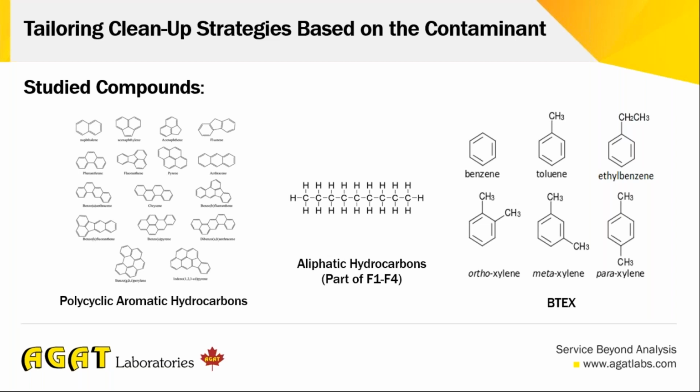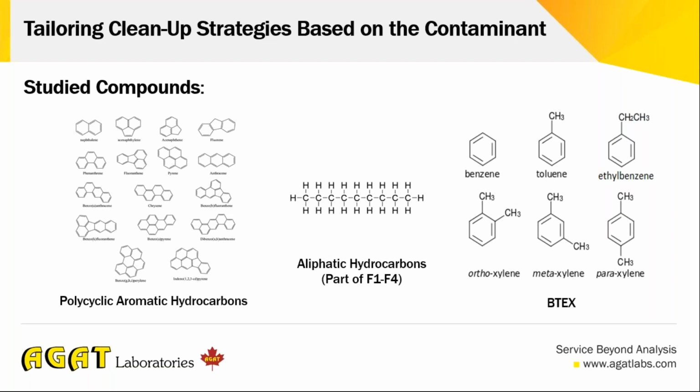In the middle, you have F1 to F4, which is highly used in the assessment of a contaminated site. In general, they are not as carcinogenic as PAHs and BTEX are, but they are priority pollutants, pollutants that we need to consider.